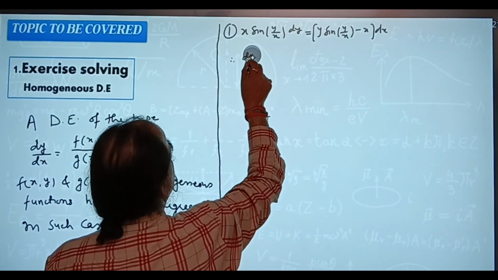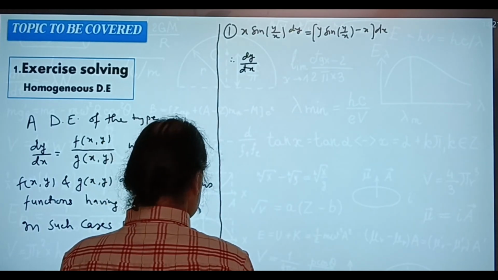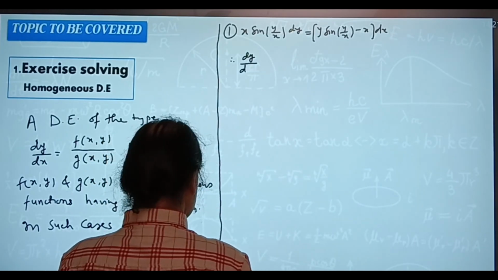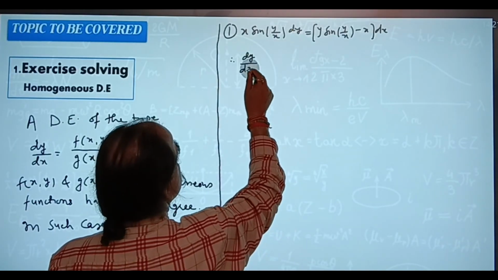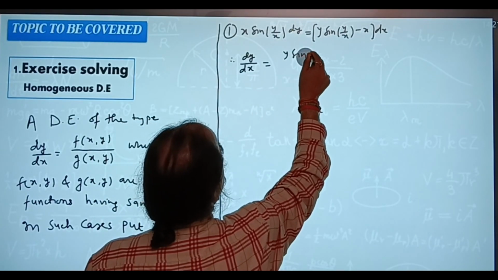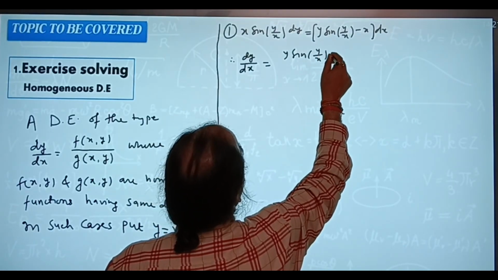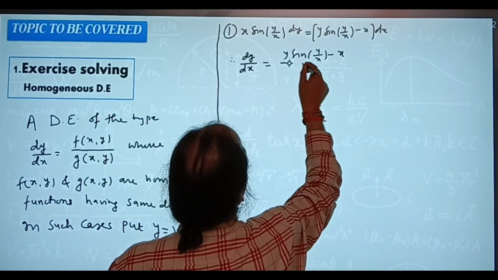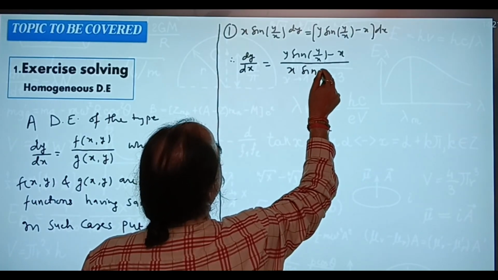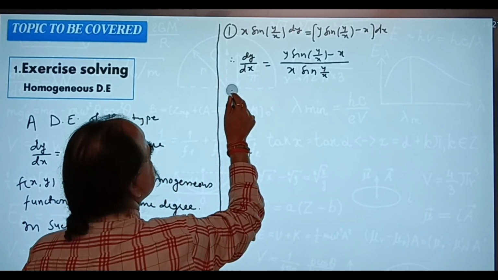Therefore, dy by dx is equal to y sin(y by x) minus x upon x sin(y by x).